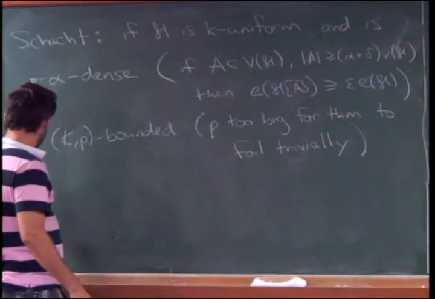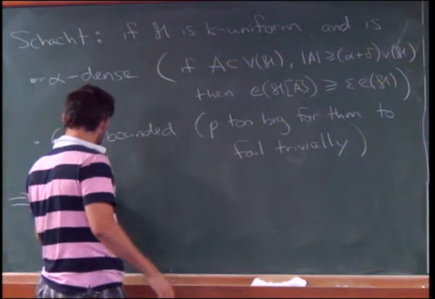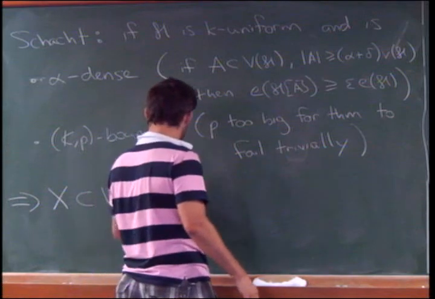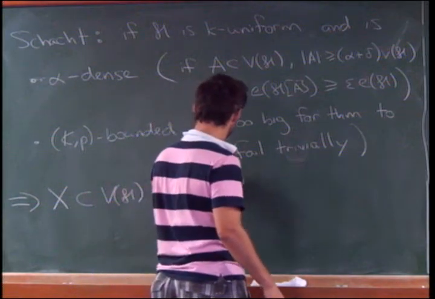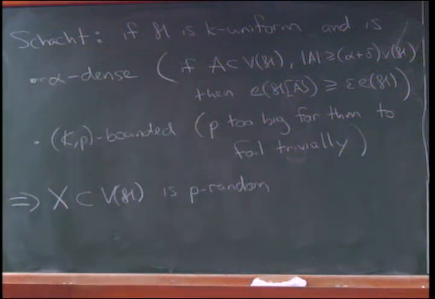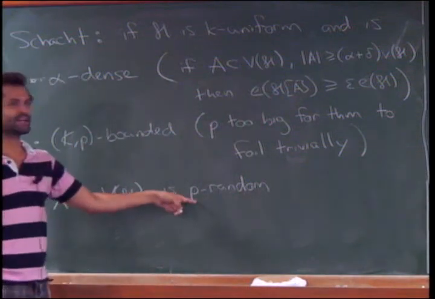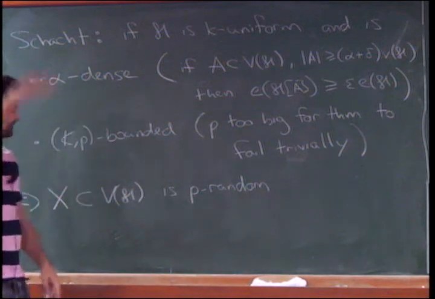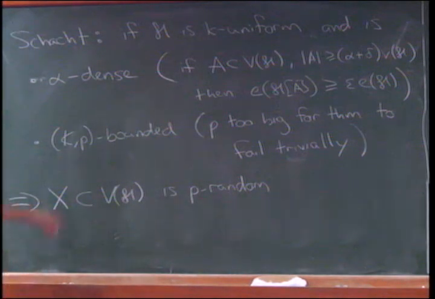This implies: if X is a subset of the vertices of H that is p-random, well, again I cheat slightly, really q-random where q is a large constant times bigger, but let's not worry, let's change the definition.